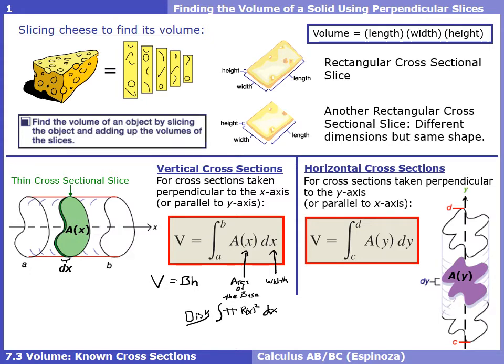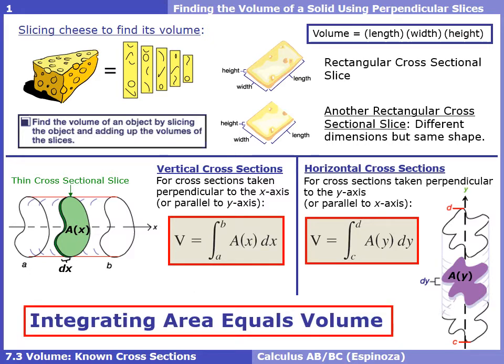Bottom line, other than all of this stuff right here, which I think is very important in connecting 7.2 and 7.3 conceptually, the bottom line you should take away from all of this is this one fact.